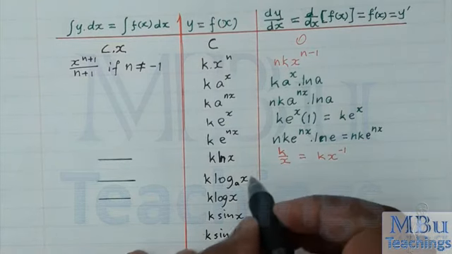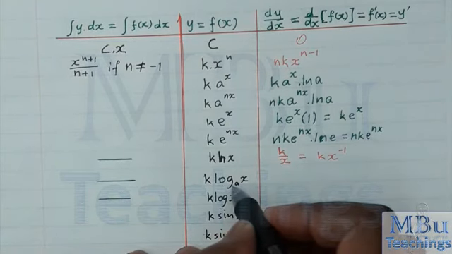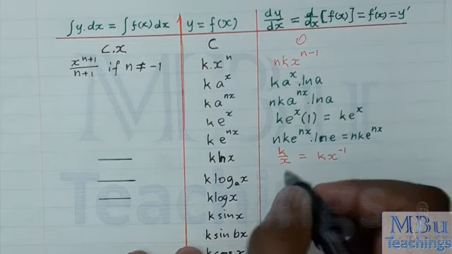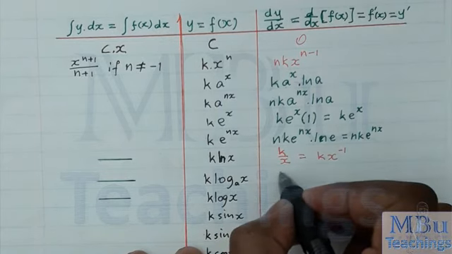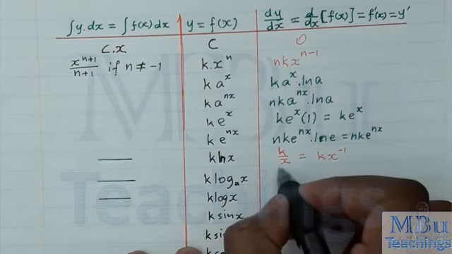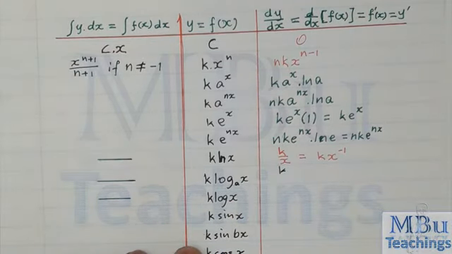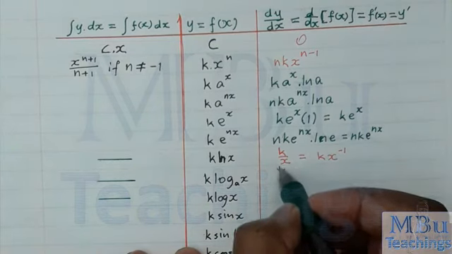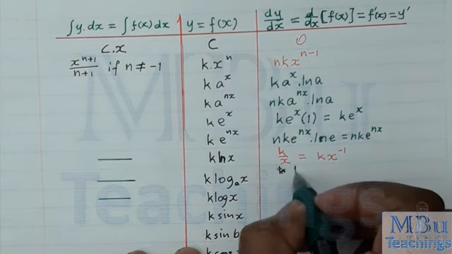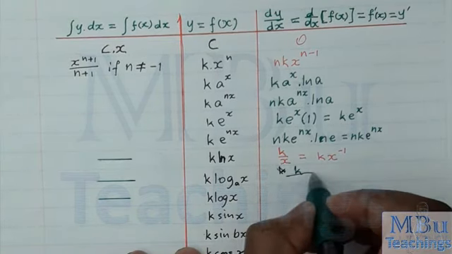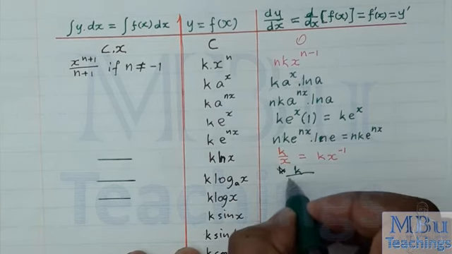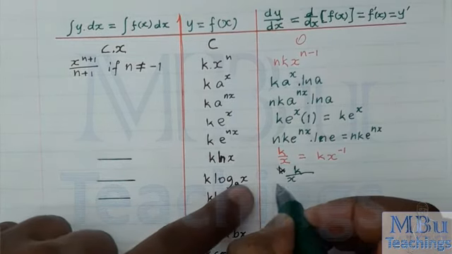In fact, now if we need to differentiate the log, the k will be on top. I'm supposed to use the green pen, so that I maintain the same thing. So it will be k divided by x.